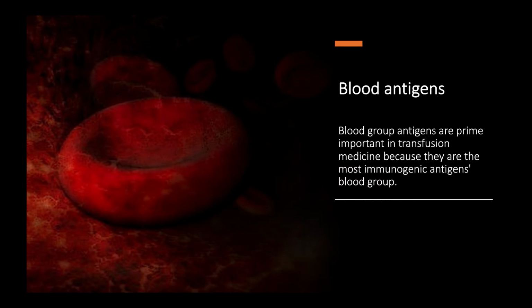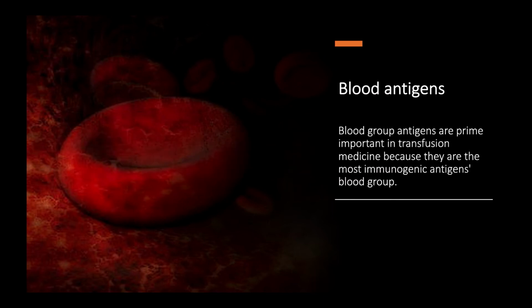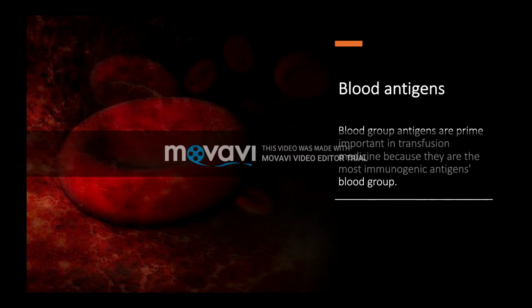Blood antigens. The importance of the discovery of the ABO antigen was huge because blood transfusion has been used since then, safely and frequently. Blood group antigens are of prime importance in transfusion medicine because they are the most immunogenic antigens of any blood group.